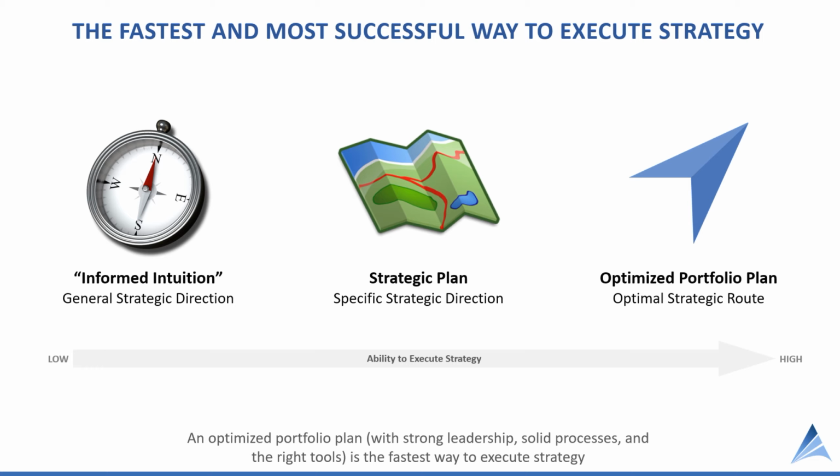But if we can incorporate prioritization, incorporate resource management, incorporate dependencies, we can sequence our projects in such a way that we can optimize the delivery and execution and arrive at our future state, a better future state, sooner than if we only have a general strategic plan. So while the informed intuition is good, a strategic plan is better, the optimized portfolio plan helps us get to that better end state sooner and better.